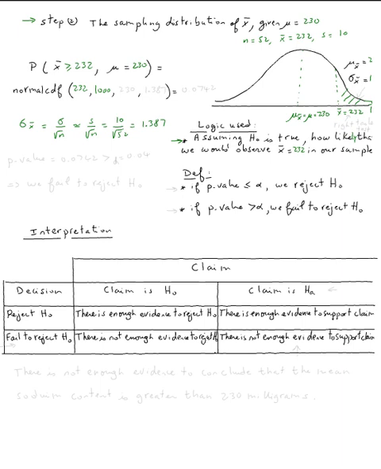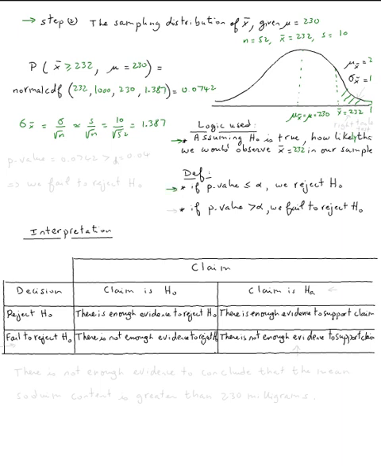And then the mean of X bar is 230, and the standard deviation is 1.387. If you use your calculator, you're supposed to get 0.0746.